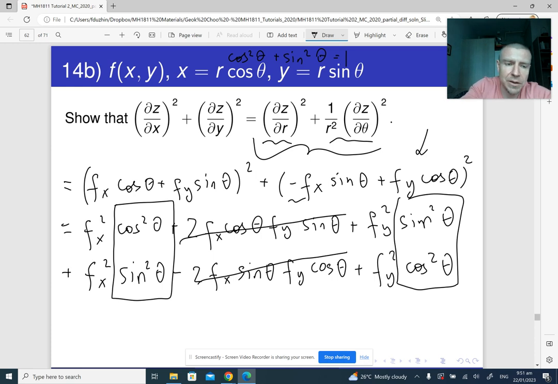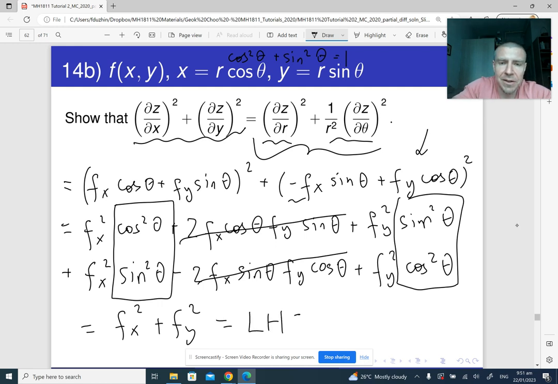So adding them together you will get fx squared plus fy squared, which is precisely the left hand side. So this is the left hand side of our equation, and this is the right hand side of our equation. Okay, so our equation is correct.